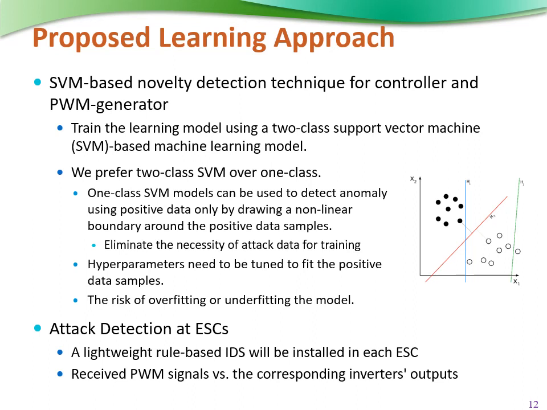We will use the 2-class SVM here. Although a 1-class SVM can do the anomaly detection just using the positive data, drawing a non-linear boundary around the positive data samples to find the anomaly, the hyperparameters they use can create overfitting and underfitting issues if there is any error in the estimations, and this problem is much higher in the 1-class SVM than the 2-class SVM.